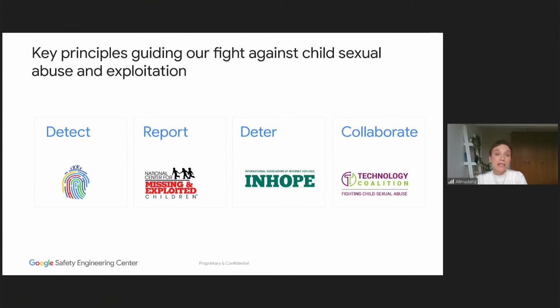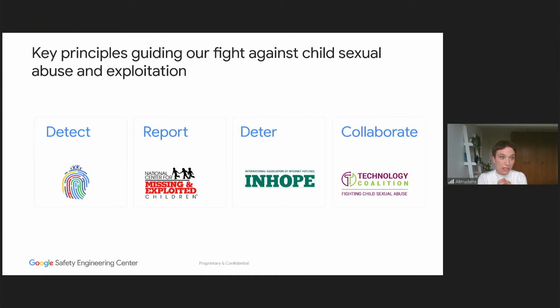So for example, in search, we work hard to make sure that we are able to detect searches that are indicative of someone looking for this type of content. And if that is the case, we endeavor to ensure that all our searches are clean.